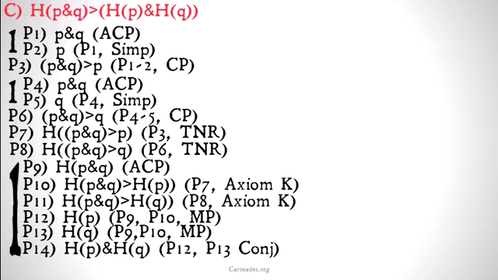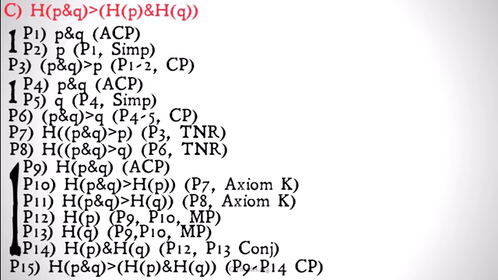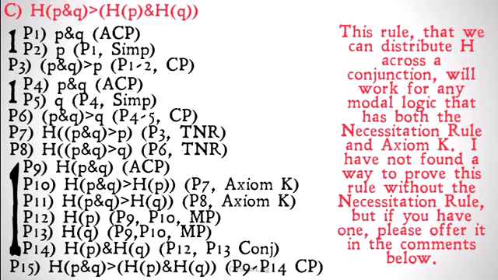And therefore, we can conjoin them, 12 and 13, to get it's always been the case that P and it's always been the case that Q. So, from premise 9 through 14, conditional proof, we have it's always been the case that P and Q implies it's always been the case that P and it's always been the case that Q. This rule, that we can distribute H, or the strong operator, across a conjunction will work for any modal logic that has both the necessitation rule and axiom K. So we can distribute necessity, obligation, knowledge, if you have logical omniscience, across a conjunction.